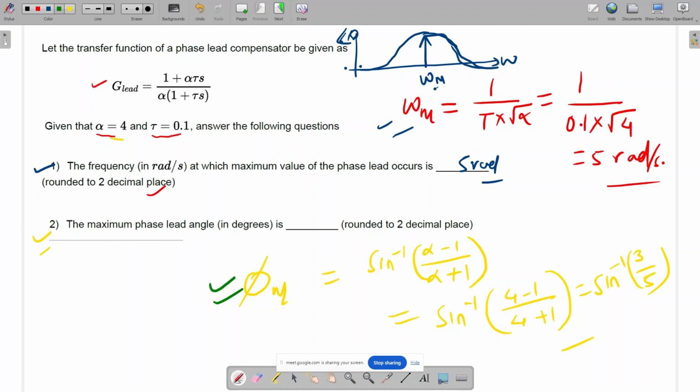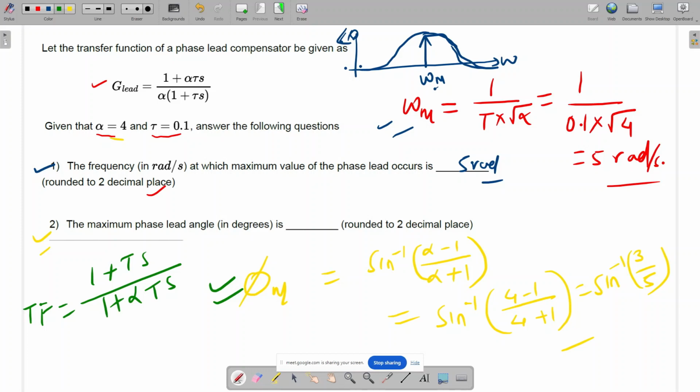So for the lead compensator, 1 plus Ts divided by 1 plus alpha Ts. Okay, I have written it in another format in my notes. The lead transfer function I have written as 1 plus Ts divided by 1 plus alpha Ts, and here it is given as 1 plus alpha Ts divided by alpha into 1 plus Ts.